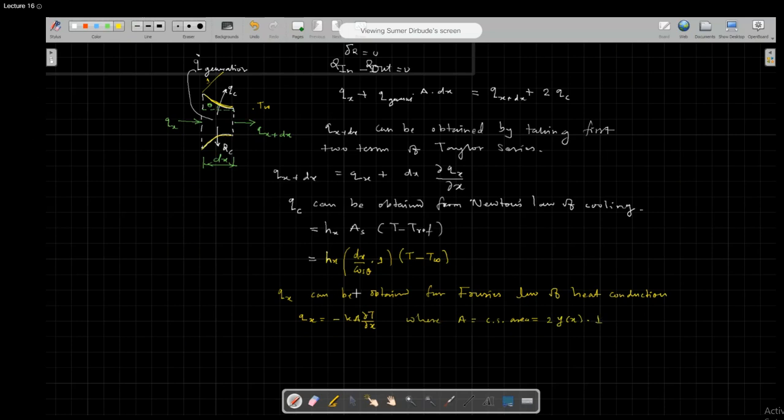So you substitute this, and upon substitution we get, writing it as ordinary derivatives, d/dx of (2 y(x) K dT/dx) plus twice h(x) dx, x is a suffix, by cos phi, (T minus T infinity) equals q generation times twice y(x) into 1.